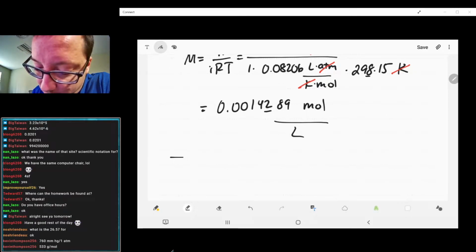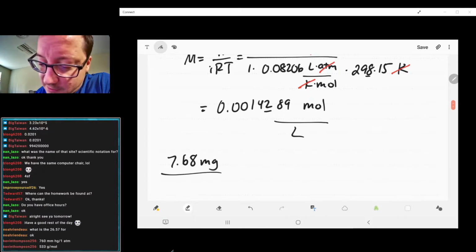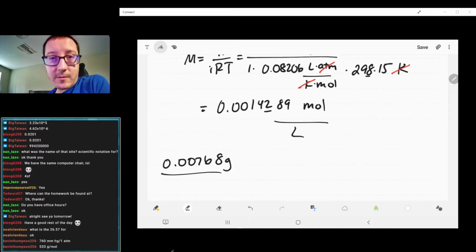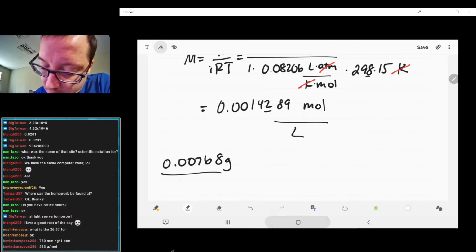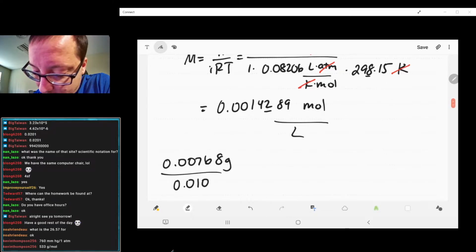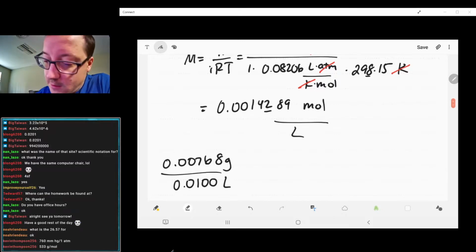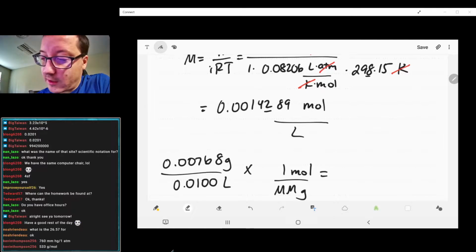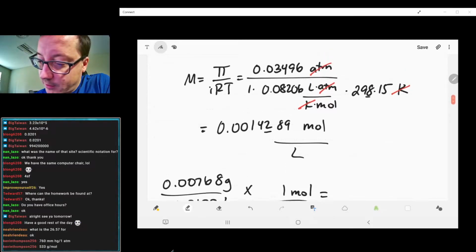So if we go ahead and do that, 7.68 milligrams, or let's go ahead and just put this in grams, because that's molar mass units, right? We have 10 milliliters. We know that this mystery value, whatever that is, we're going to have to put that on the bottom, right? This whole thing should equal our moles per liter, right?